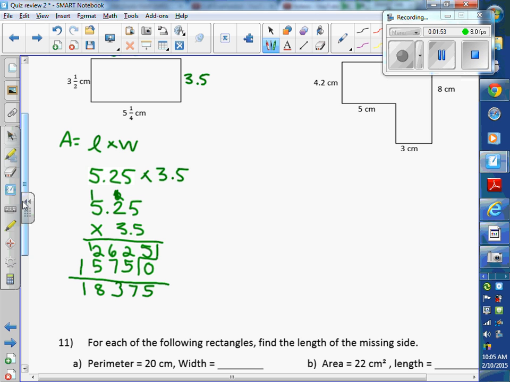and 18. So if I look at my estimate, if I had estimated first, it would be about 5 times 3, which is 15.